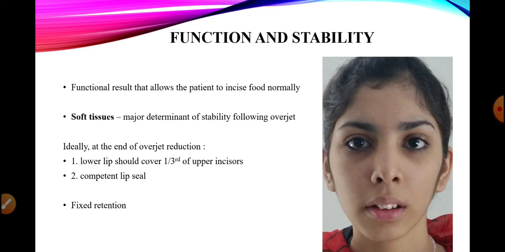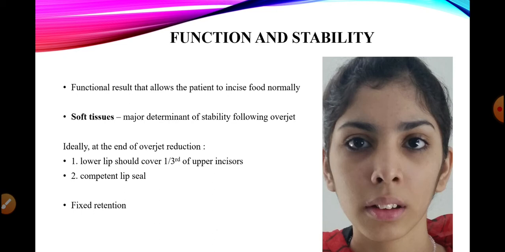In cases of class 2 division 1, if we want stable results after the treatment, then ideally at the end of overjet reduction, the lower lip should cover 1/3 of the upper incisor, so that a competent lip seal is made between the lips together. If the lower lip does not cover the upper incisor at the end of the overjet reduction, then the upper incisors will be prone to relapse or procline again, because they are not under the influence of the lower lip.